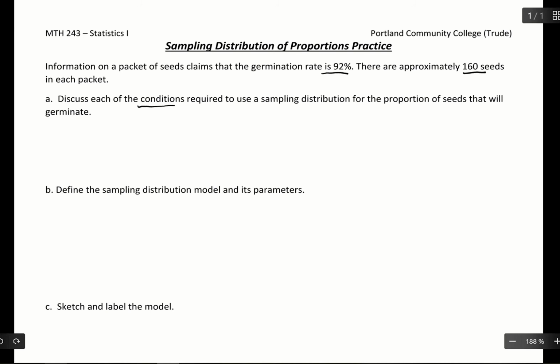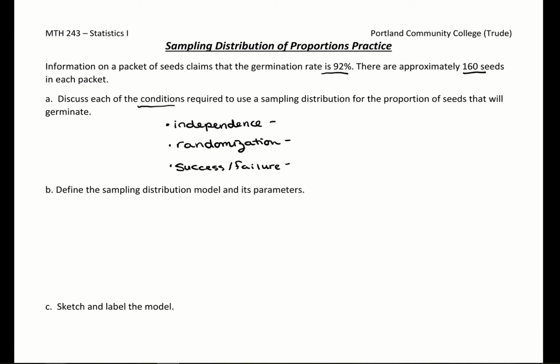Whenever we're asked for the conditions here, we're looking for: do we have independence, randomization, and do we pass the success/failure condition. For independence, it would be something like each seed behaves independently of the others.